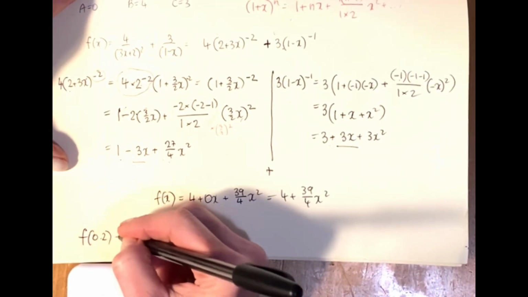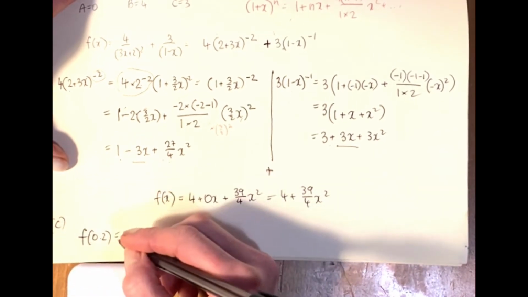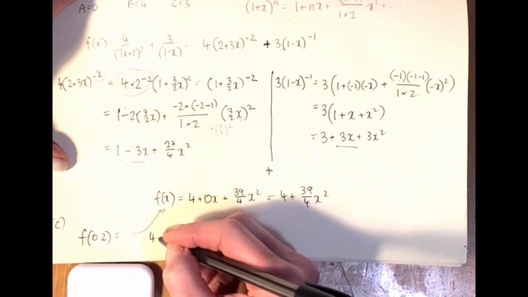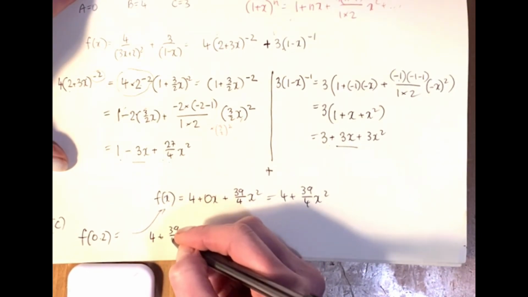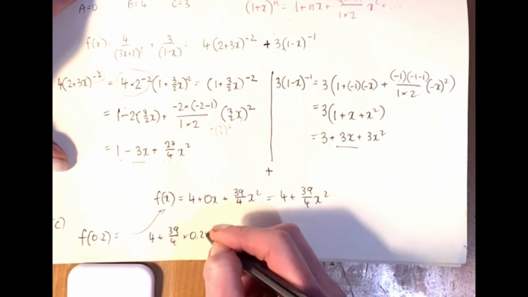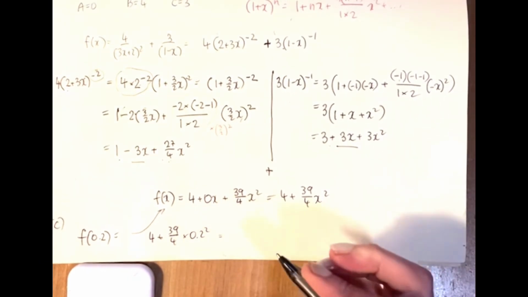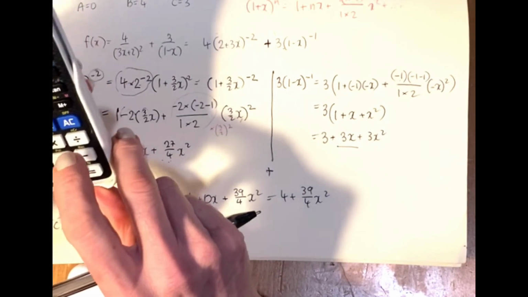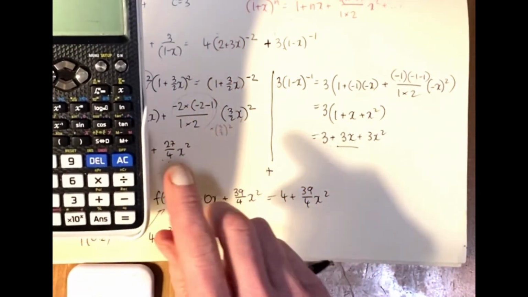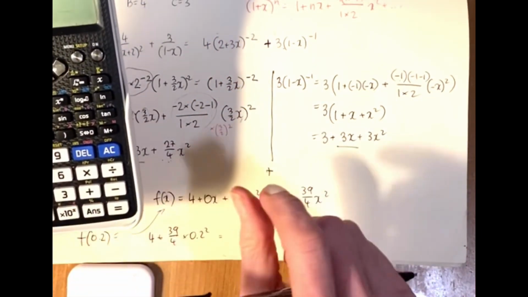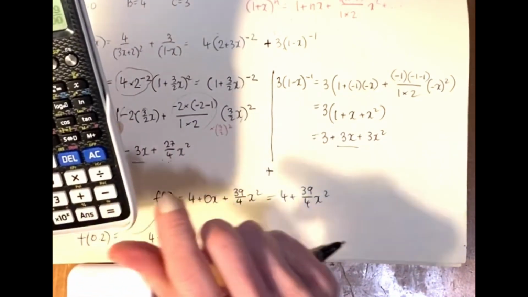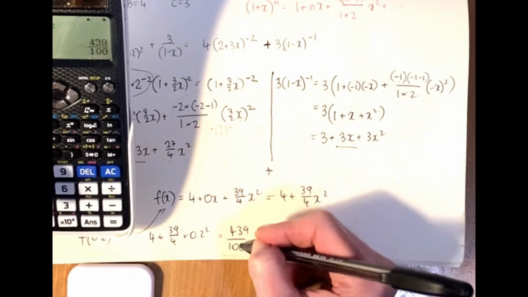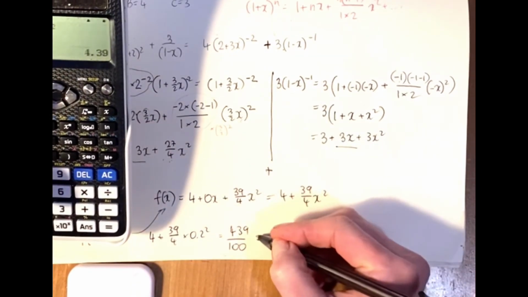So in part C, they are telling you to substitute 0.2 into the expansion. So it's 4 plus 39 over 4 multiplied by 0.2 squared. This is 439 over 100, which is 4.39.